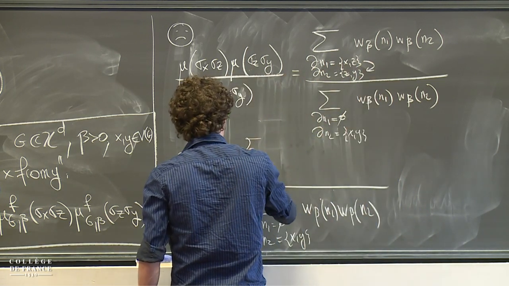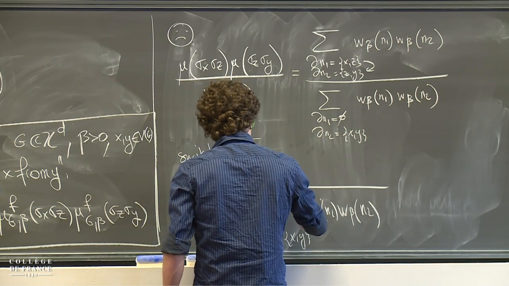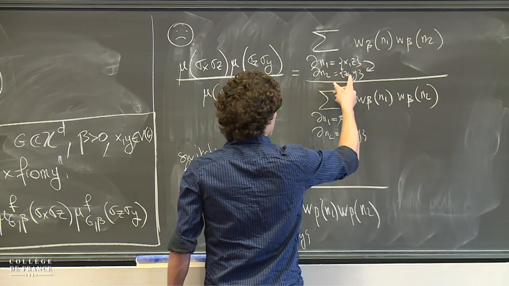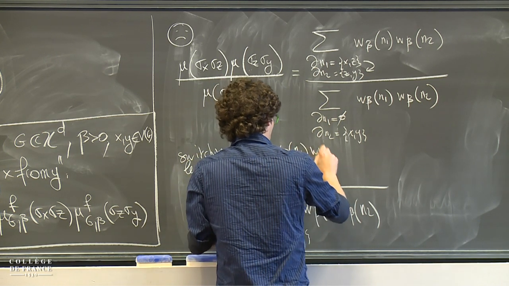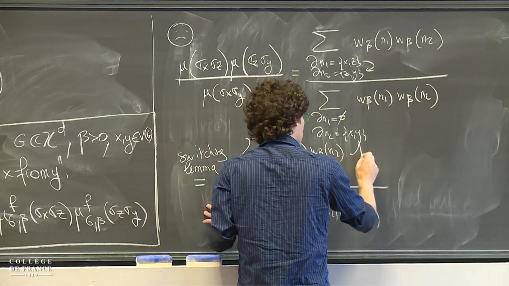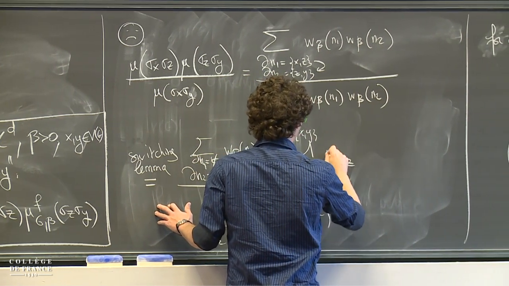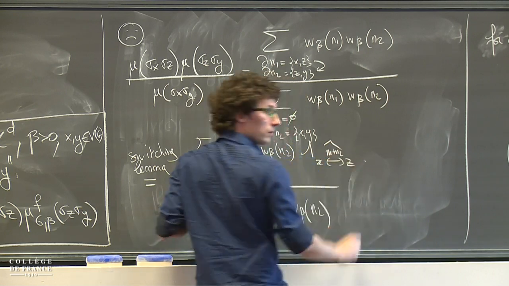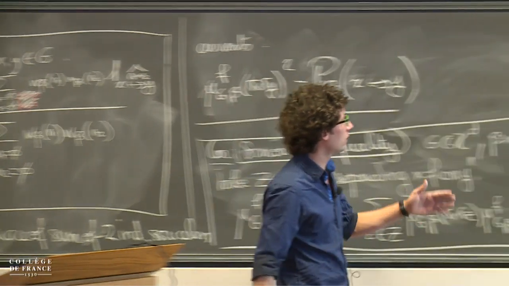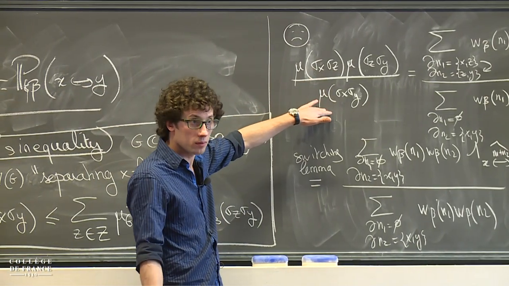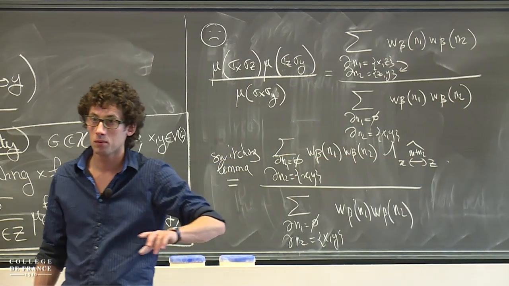This source is here, so the symmetric difference is going to be xy. But this time I have the indicator that I need x connected to z in n1 plus n2. Okay? So far, this quantity is smaller than this one, right? This sum is smaller than this one because I'm adding an indicator.